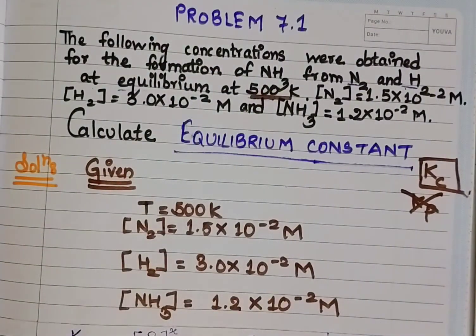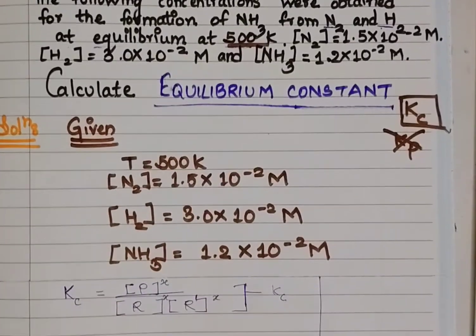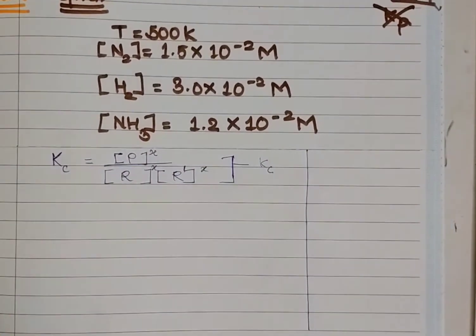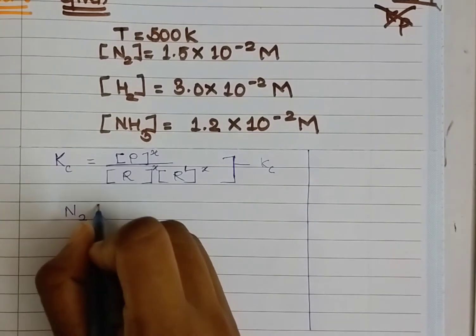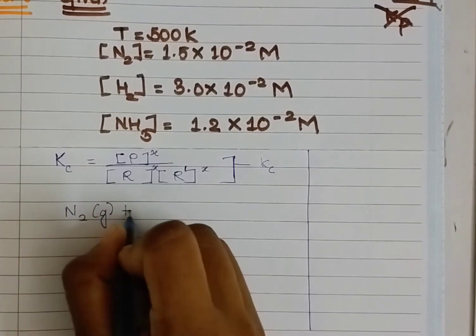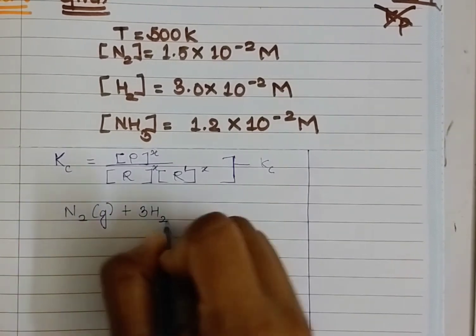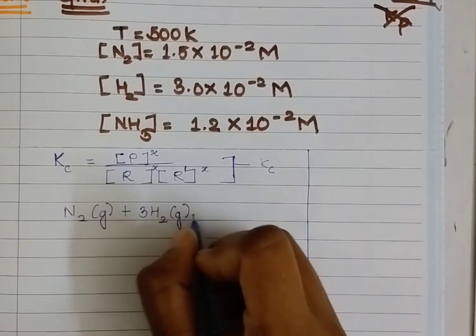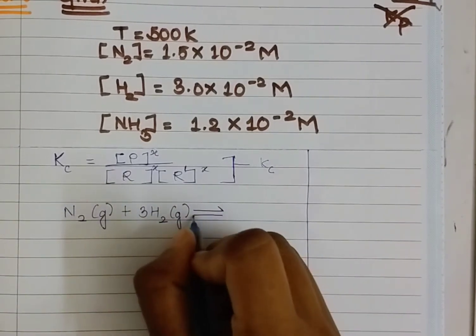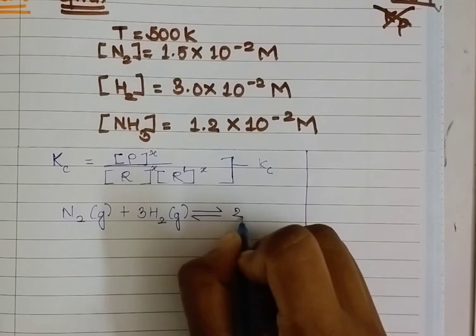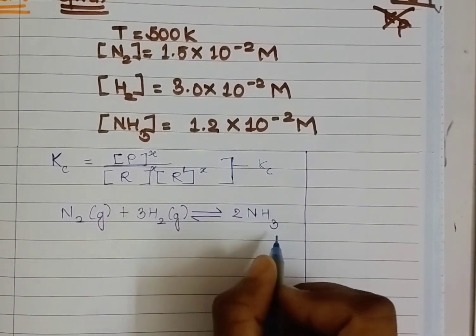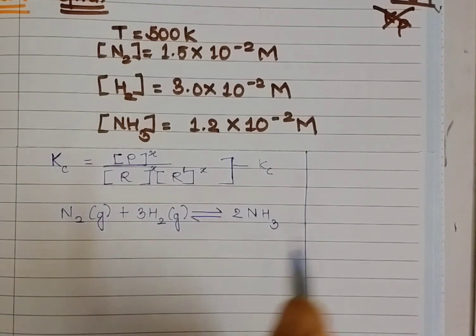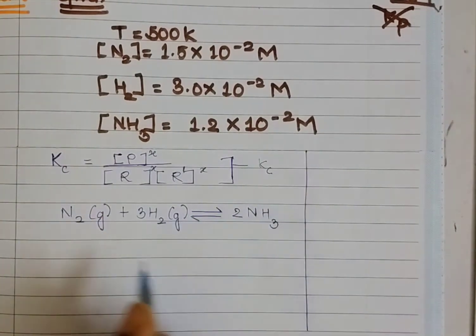So we can derive the equation from this. The equation would be N2 gas plus 3H2, which is also a gas, with the equilibrium sign, giving 2NH3. This is the formed NH3. We have written the balanced one.